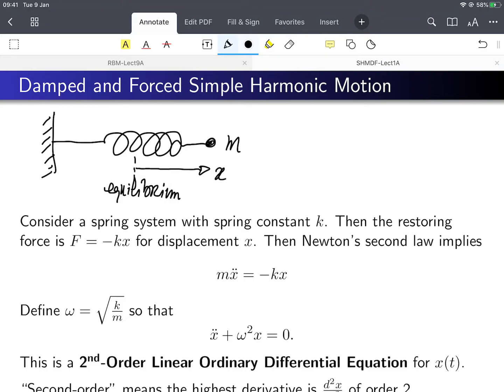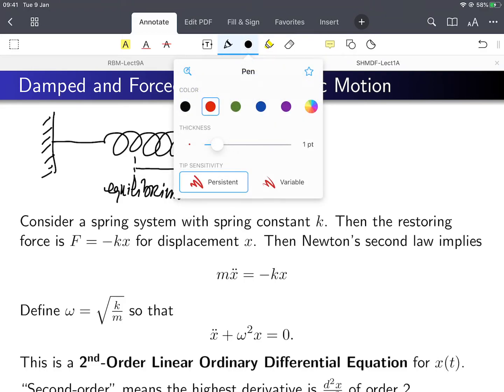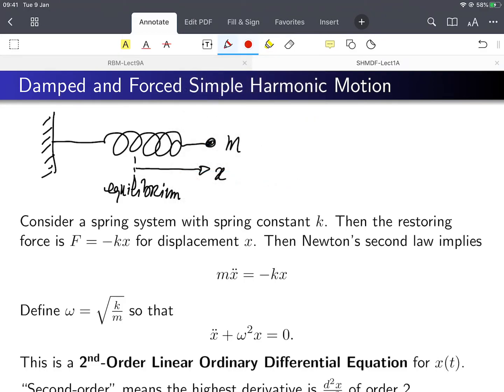You know that the mass, vertically, will be subject to its weight, and maybe I didn't draw it, but maybe there's a smooth surface sustaining the motion, so there'll be a reaction compensating this. But otherwise, horizontally, it's only subject to the force of the spring, the restoring force.